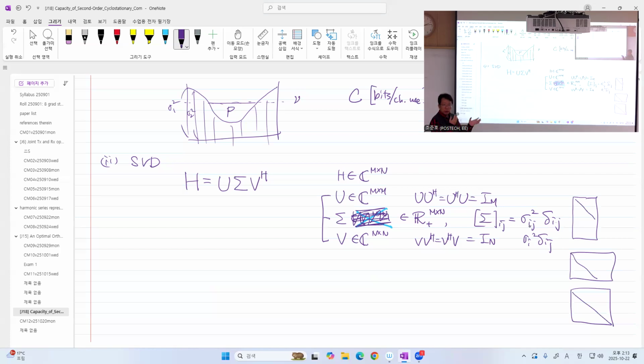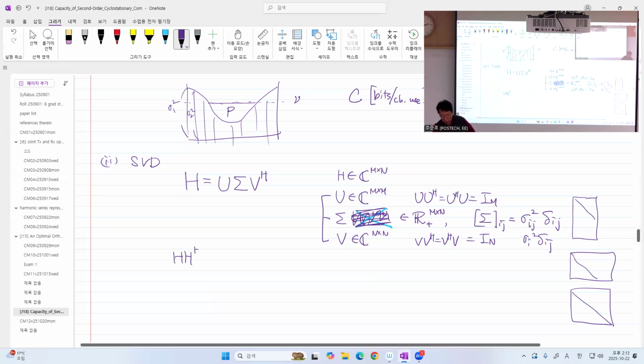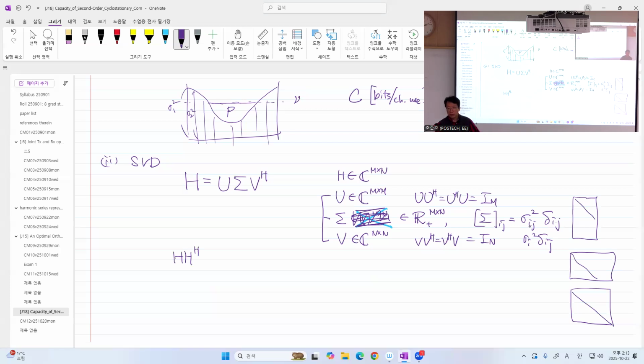And in order to find this one, what do you do? Let me just remind you what you learned in graduate level linear algebra. You consider H Hermitian transpose, which will give you a Hermitian symmetric positive semi-definite matrix.